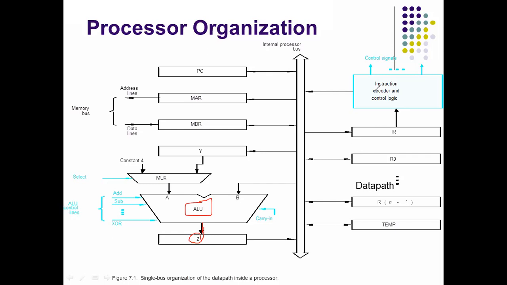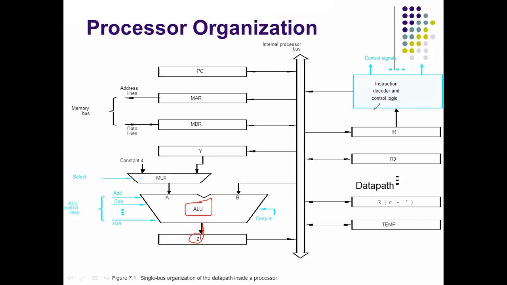That will not be understood by the processor. The processor can understand only machine language, in the form of ones and zeros. So a translator converts from assembly language to machine language. The instruction decoder changes the instructions into machine language, that means in the form of ones and zeros.